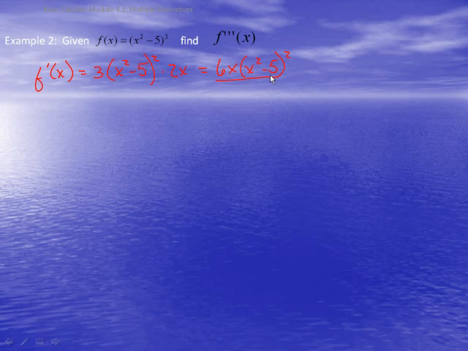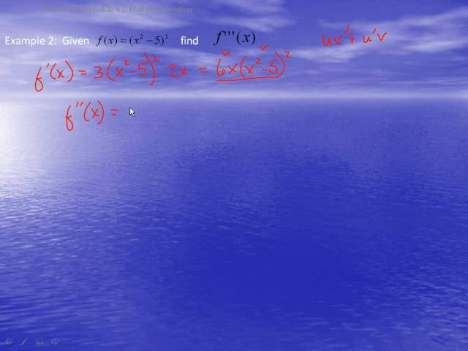So then we're going to take this and take the derivative of this. So here we're going to have to use the product rule, which is u v prime plus u prime v. Okay, and we're going to have to let 6x be equal to u and x squared minus 5 quantity squared be equal to v.